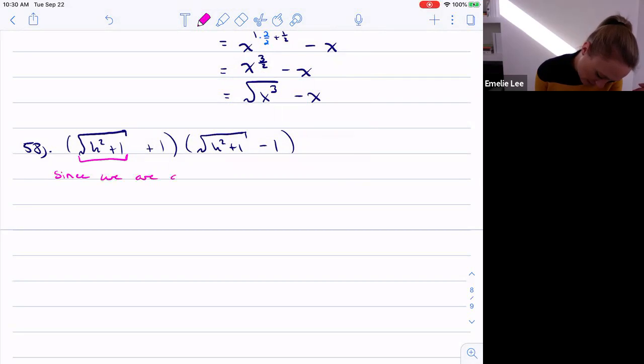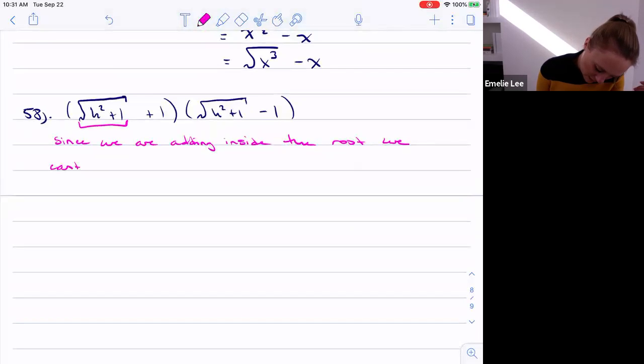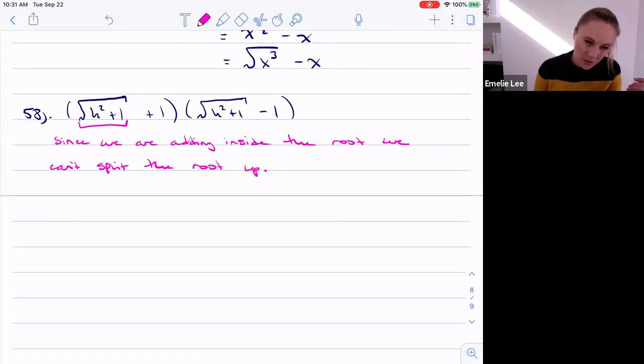Since we are adding inside the root, we can't split the root up. Okay, just as a side note.